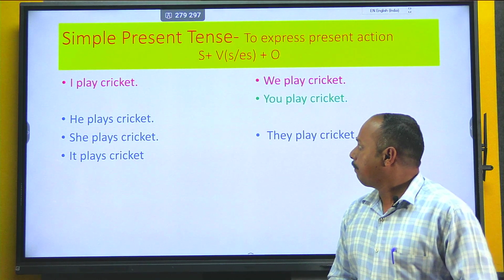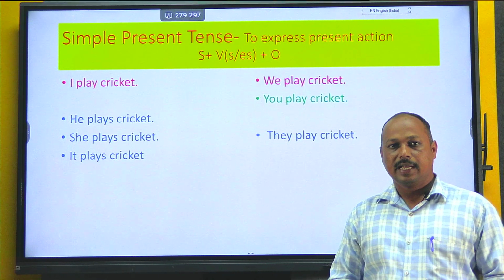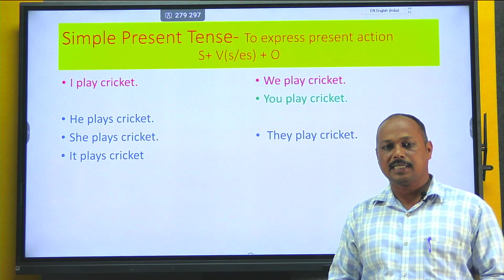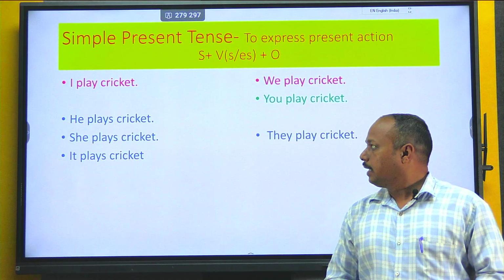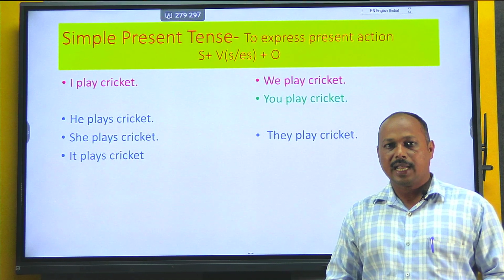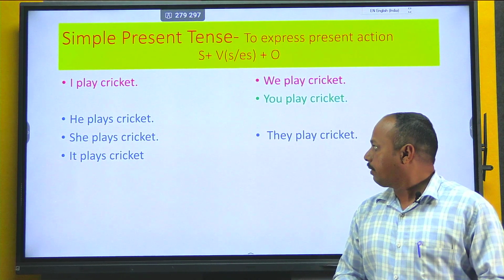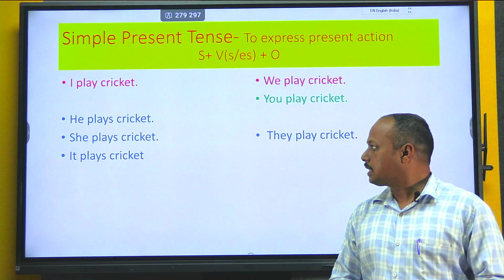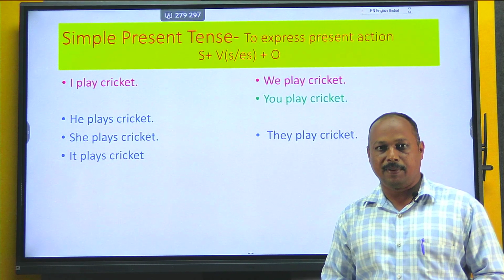First is I play cricket, we play cricket, you play cricket, he plays cricket, she plays cricket, it plays cricket and they play cricket. In this example we can see the little differences here. He plays cricket, she plays cricket, it plays cricket.